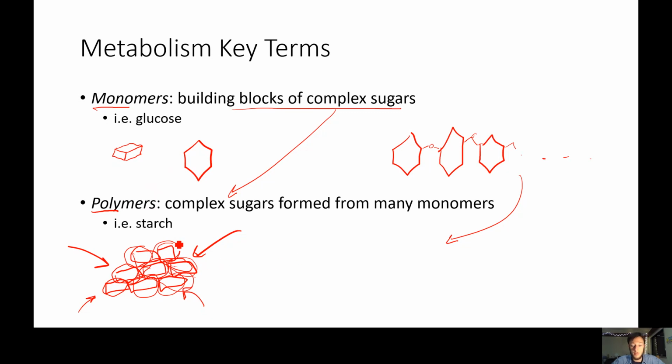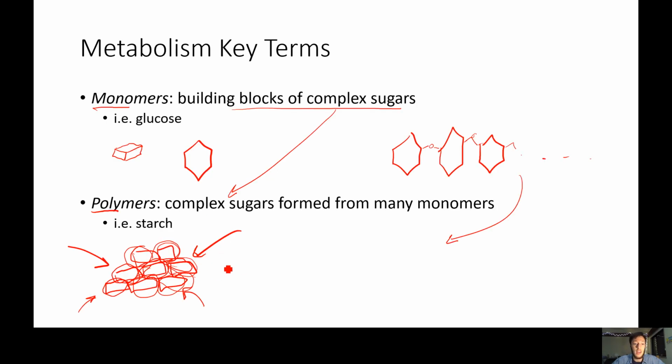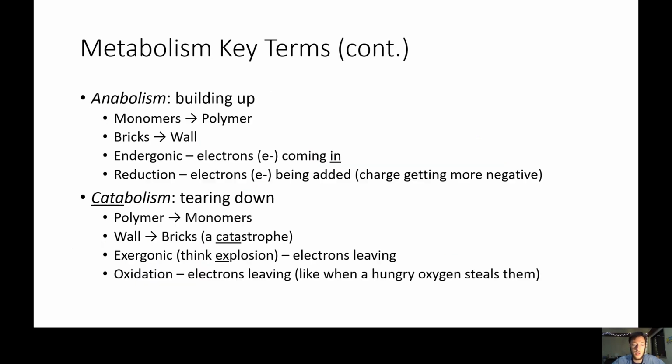By contrast, an exergonic reaction in catabolism, you think of like an explosion. If this were to explode, electrons are leaving in that case. That would be an exergonic reaction, an explosion. Or a catastrophe. You think buildings are destroyed in catastrophes. Well, that would be catabolism.